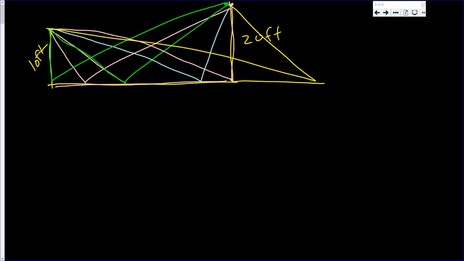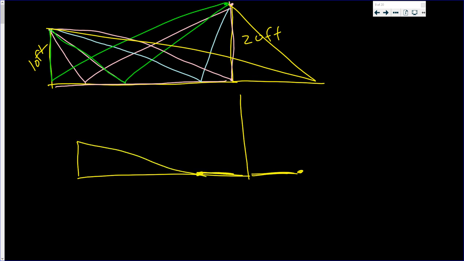And the reason is, let's suppose this distance is the same as this distance. So if you just go here and then you go up, this is some distance. Now, if you go here and then you go up, this distance here is the same as this distance.